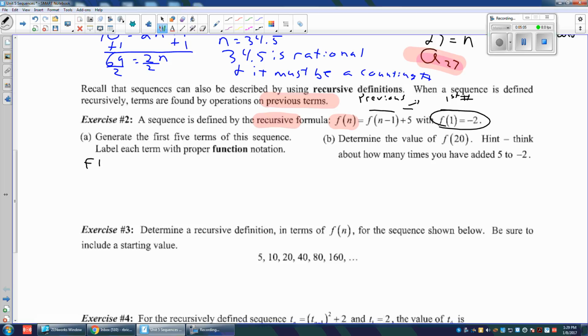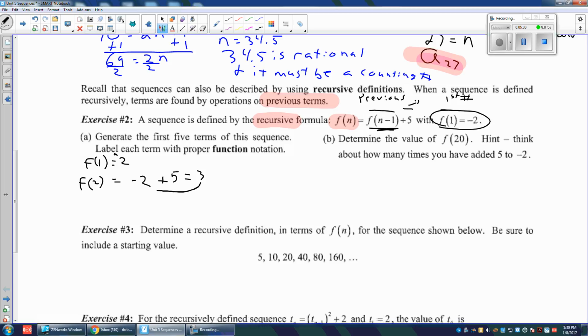Well, I wonder what the first number is. F of 1 is -2, sorry. There we go. That's easy enough. For the first one, well, then what is the second number? The second number, again, is the previous number, -2, and the rule is to add 5. So that's 3.